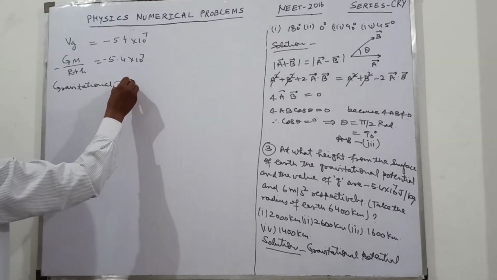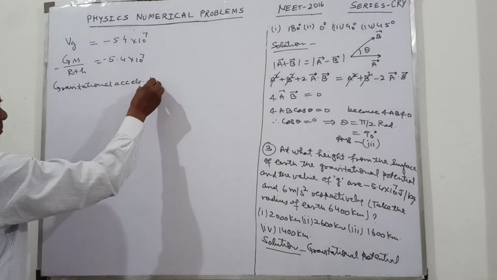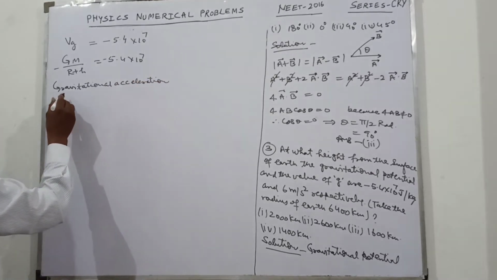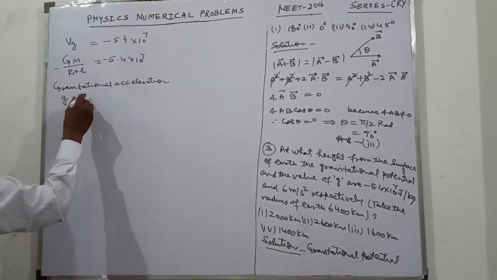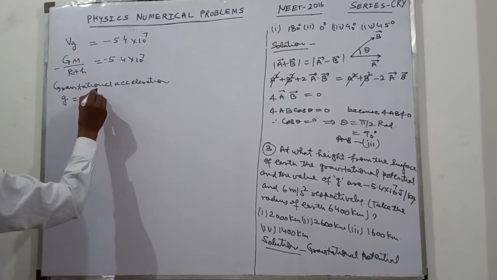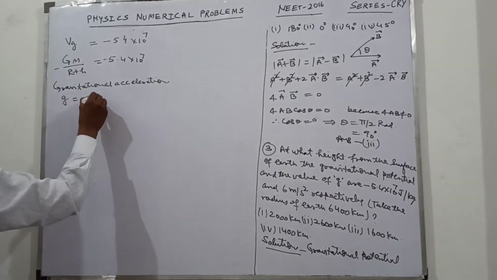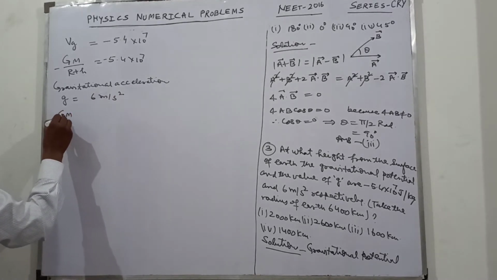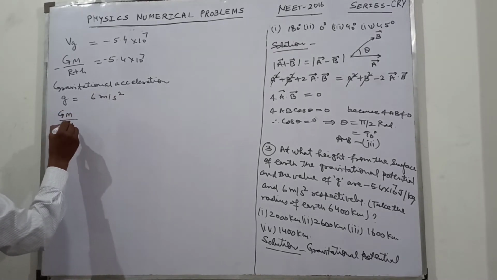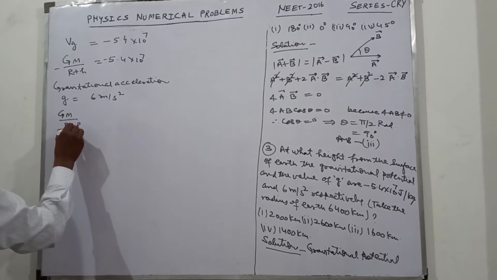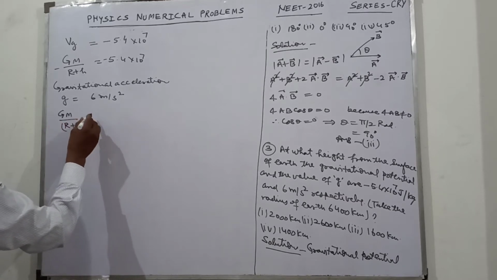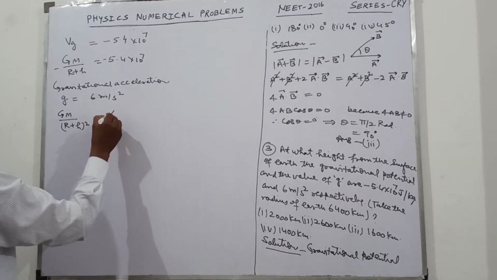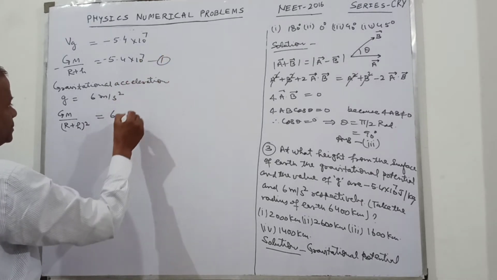Gravitational acceleration g equal to 6 meter per second square, so GM upon R plus H whole square is equal to 6. This is equation number 1 and this is number 2.